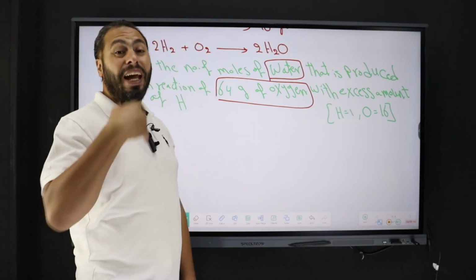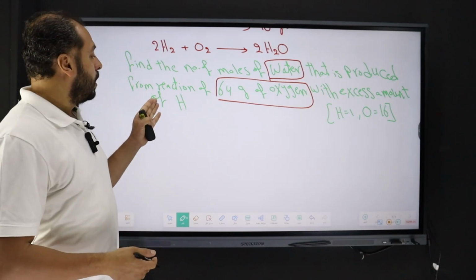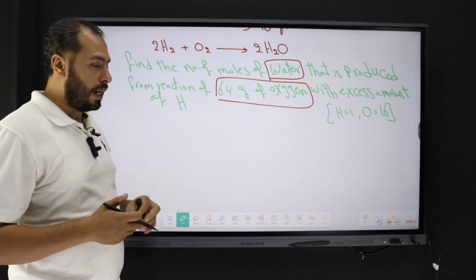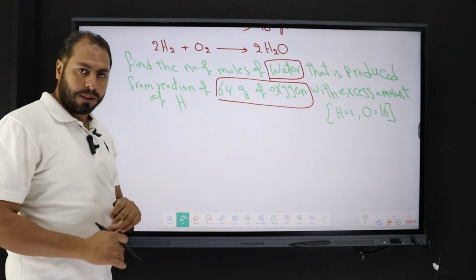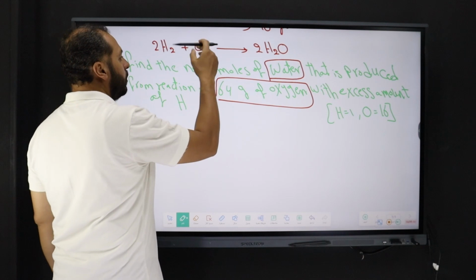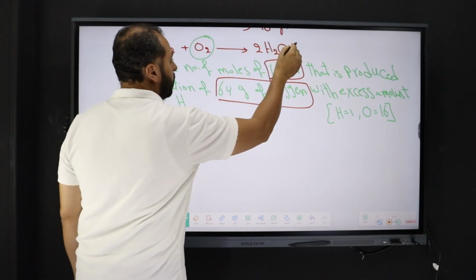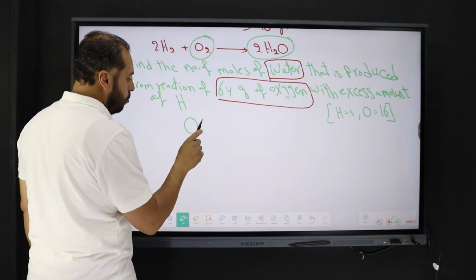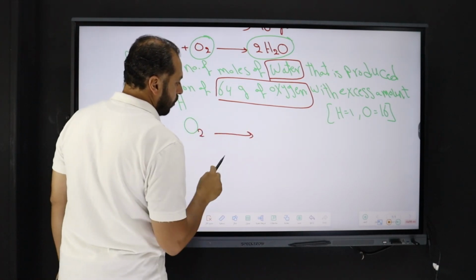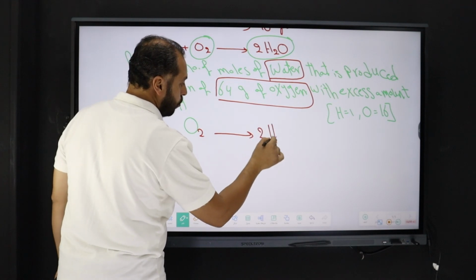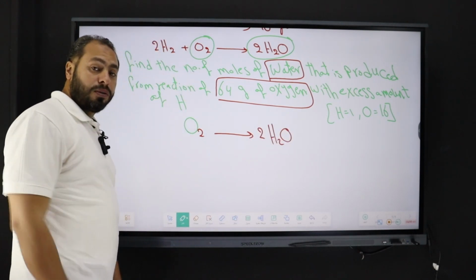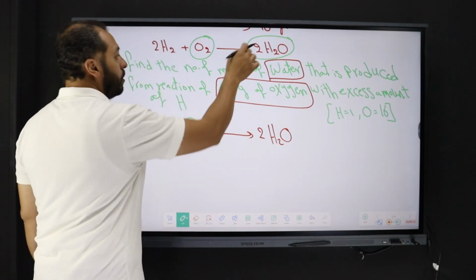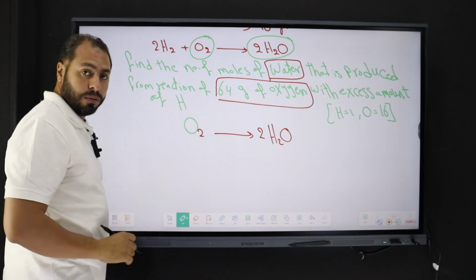With an excess amount of any substance, we will not find its mass or moles, and so on. So we have these two substances, oxygen and water. We write them like that, O2 with 2H2O. This is the first step.